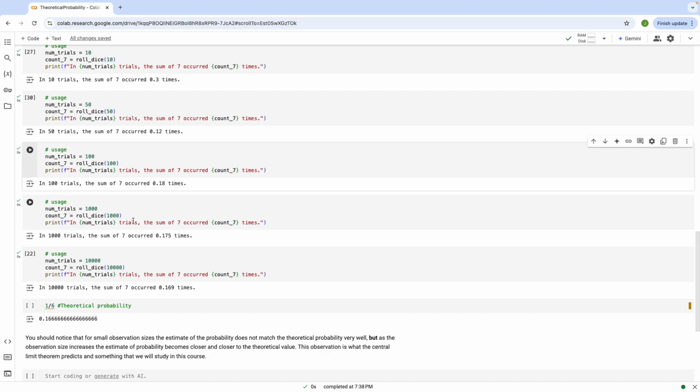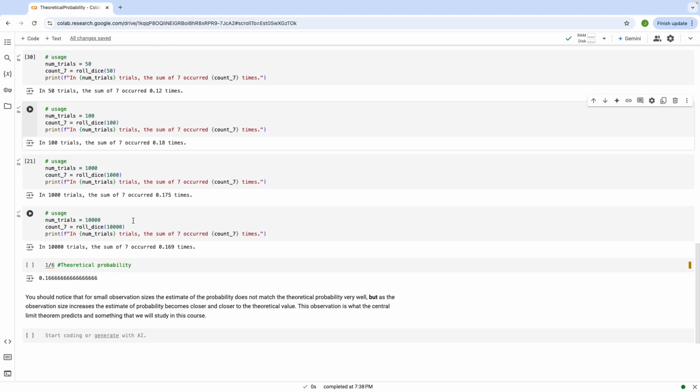That's a very good sign, and what it says is the more observations, the better. That is the result of something we'll talk about later in this course called the central limit theorem. Before I leave you, just a few takeaways.